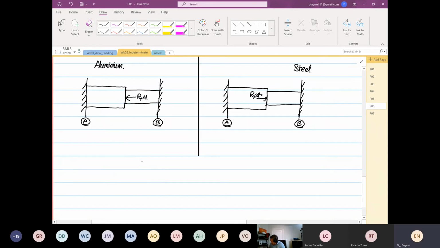For both of them, at the state of equilibrium, the redundant load for aluminum has to be equal to the redundant load of steel. R of aluminum will induce compression on aluminum.